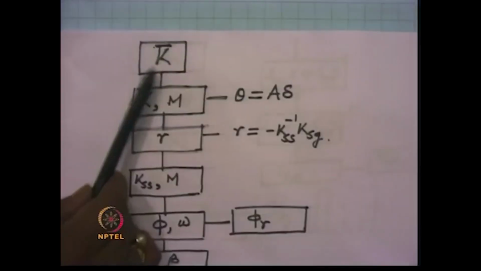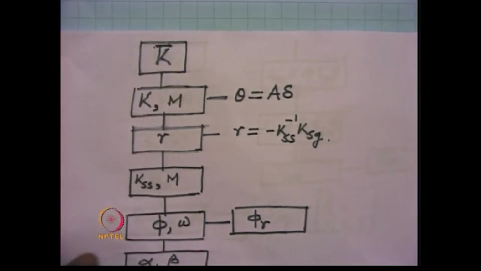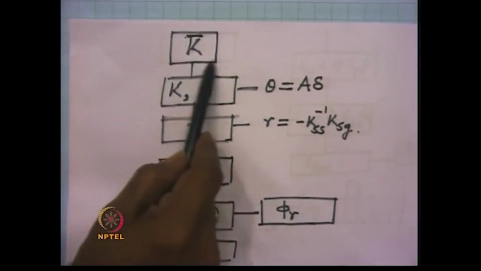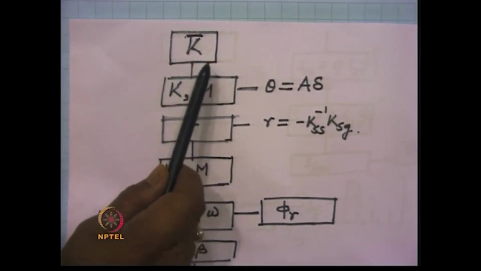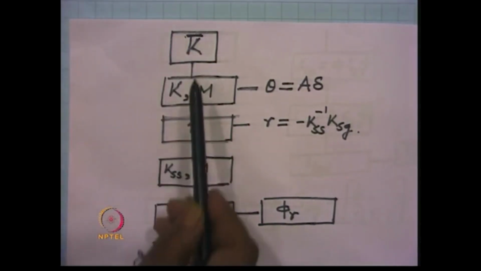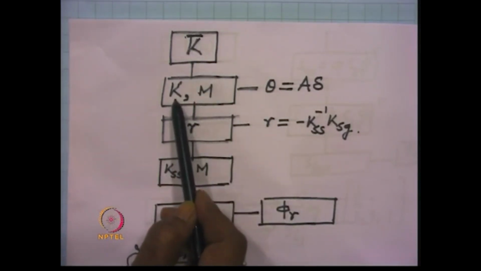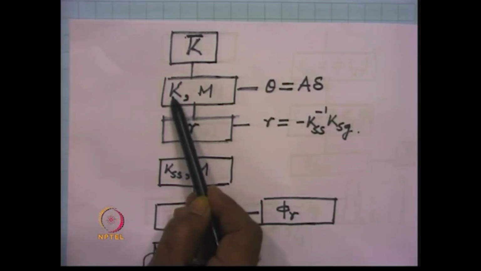So, first we take the structure and obtain the stiffness matrix of the structure considering all the degrees of freedom, that is the rotations also are considered, and from this matrix we obtain a K matrix, which is a condensed stiffness matrix corresponding to the dynamic degrees of freedom, which are generally the translations.